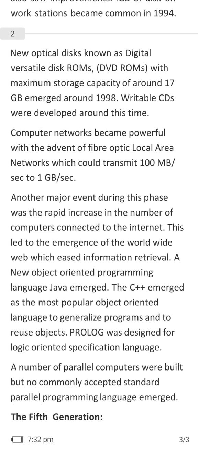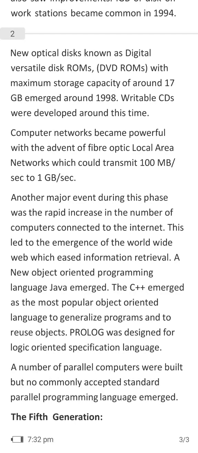Optical devices were also developed in this generation. They are known as digital versatile disc ROMs, or DVD ROMs, with a maximum storage capacity of around 17 GB, which emerged around 1998.